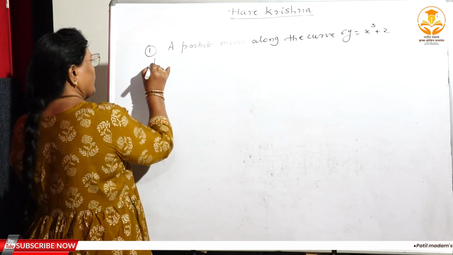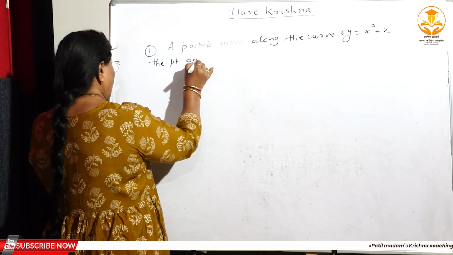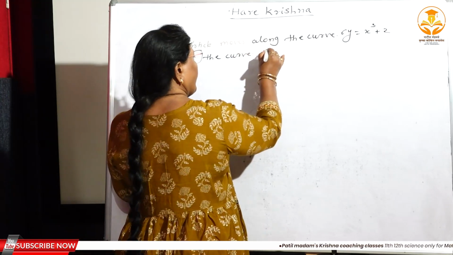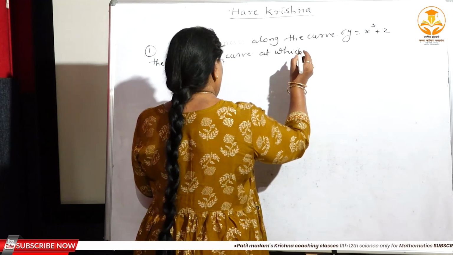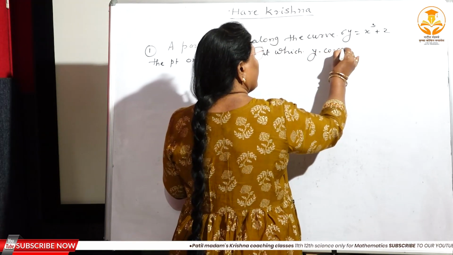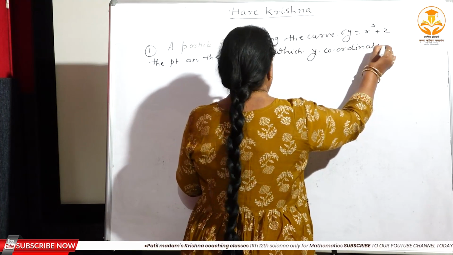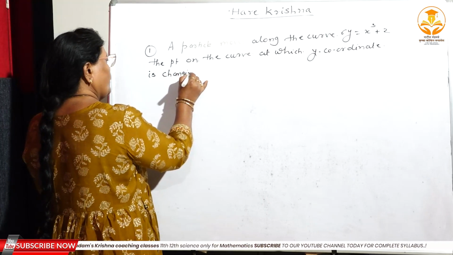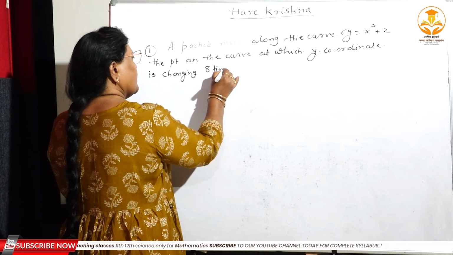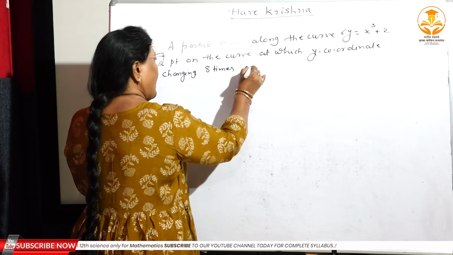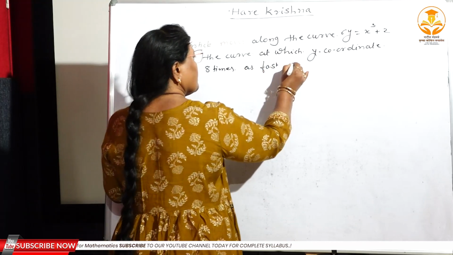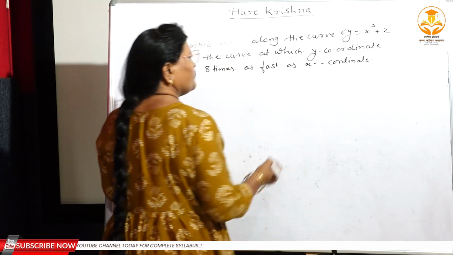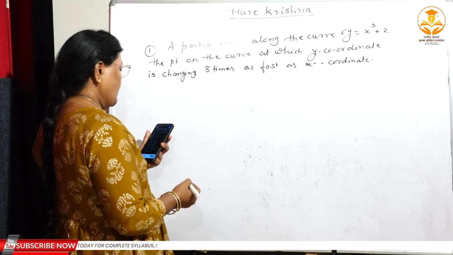Find the point on the curve at which the y coordinate is changing 8 times as fast as the x coordinate.